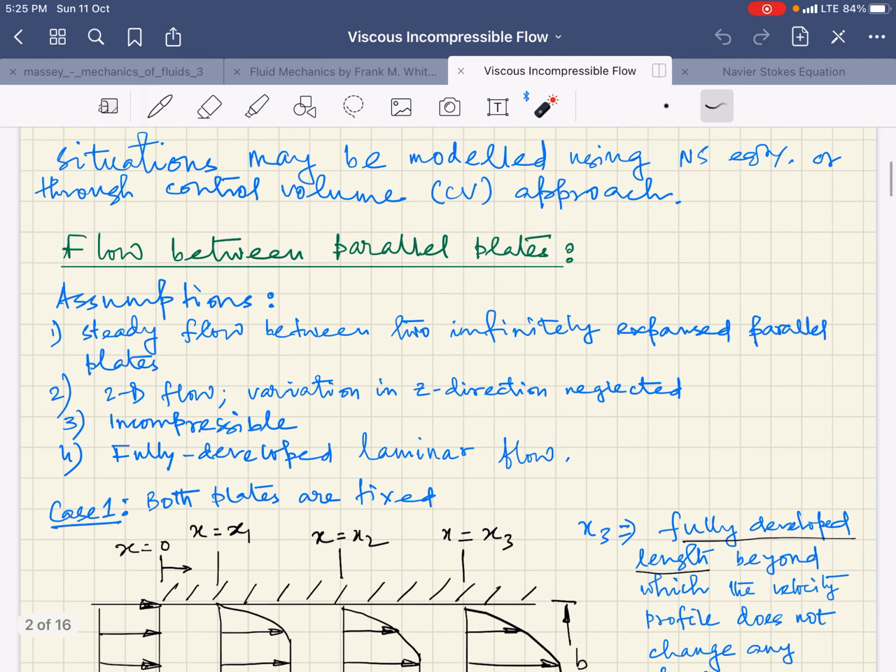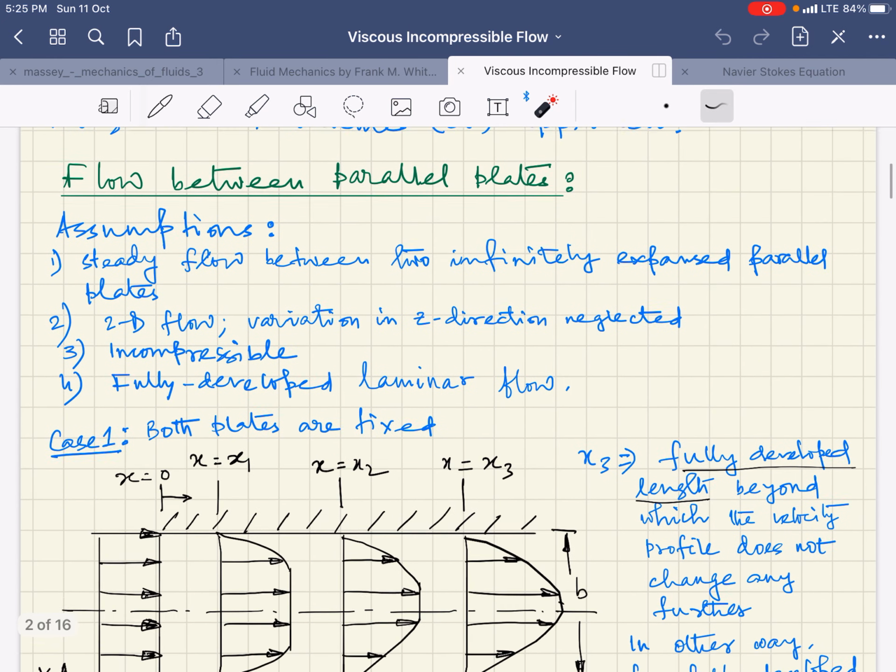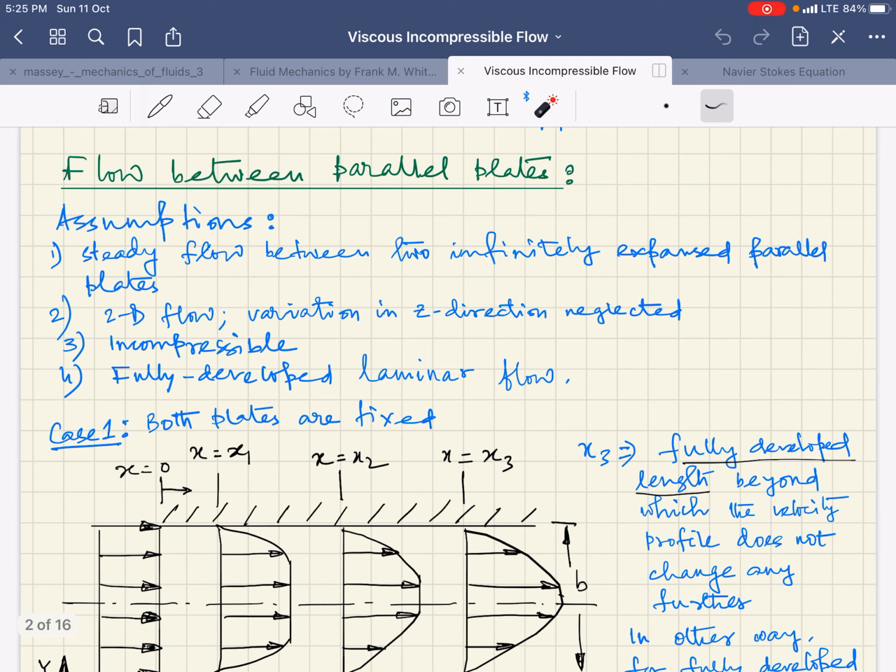So coming into the first situation, that is flow between parallel plates, in which we have some assumptions. Let us look into those assumptions.